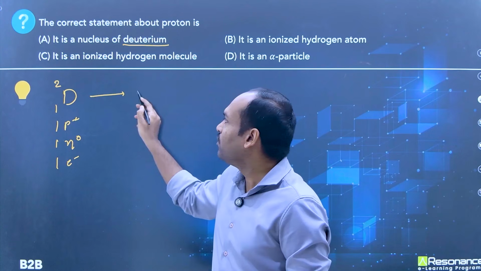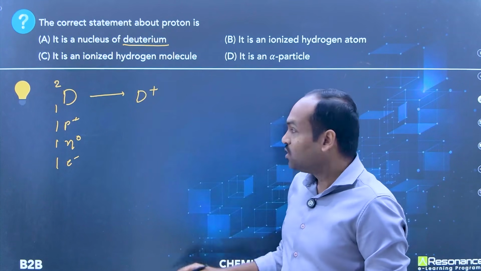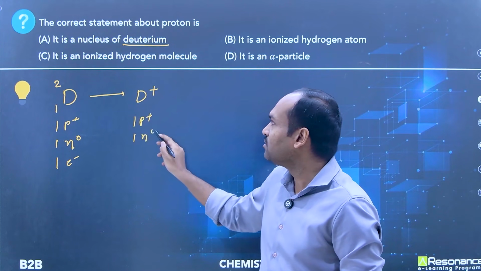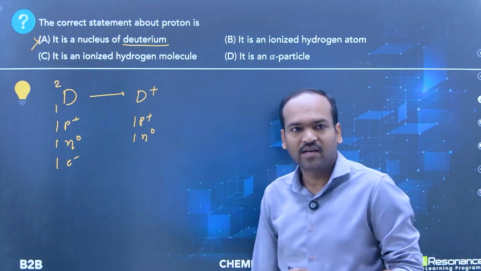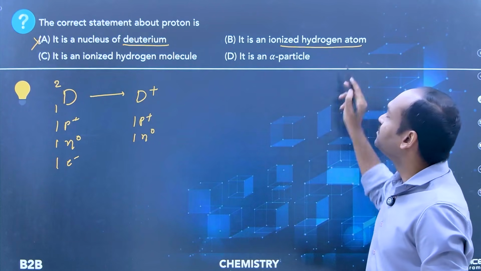If we remove the electron, we have D plus, meaning the nucleus. So the nucleus has one proton and one neutron. Can I say A is wrong? Yes, agreed, A is wrong.